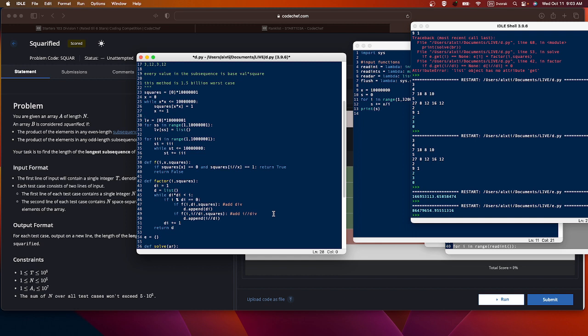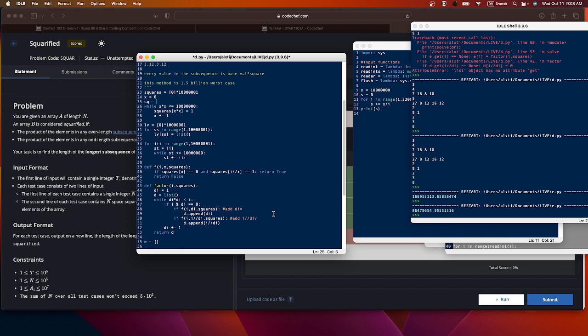So we find the bases. If it's not in the base, skip.